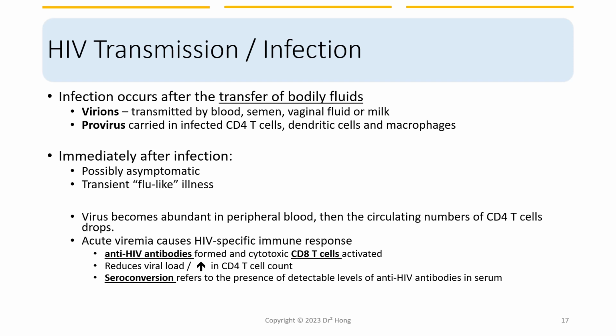Immediately after infection, the patient may be asymptomatic or experience a transient flu-like illness. As the virus becomes abundant in the peripheral blood, the circulating numbers of CD4 T cells drop, resulting in acute viremia and the development of an HIV-specific immune response.